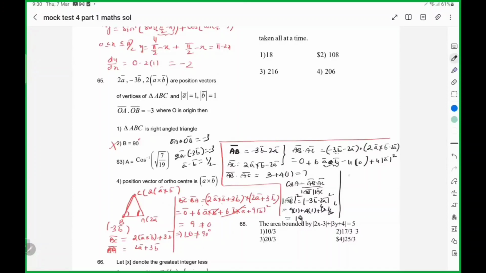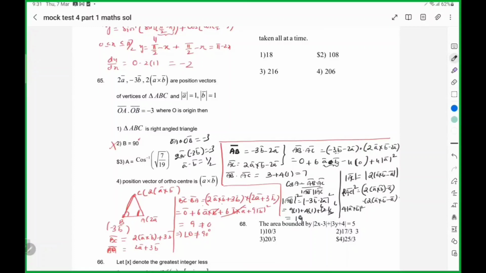And mod AC will be the mod of 2 times A cross B minus A. Mod AC square will be 2 times A cross B minus A dot 2 times A cross B minus A. That is 4 times mod A cross B whole square.